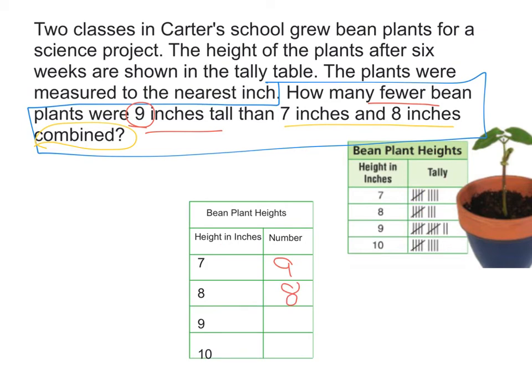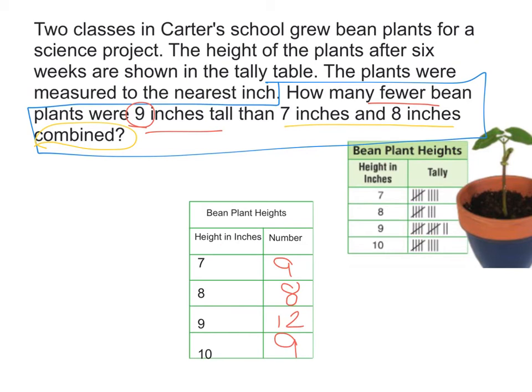For the height in inches that are 9, that would be 5, 10, 11, 12. And for the bean plants that were 10 inches, that would be 5, 6, 7, 8, 9. So far we made a frequency table to organize the data.